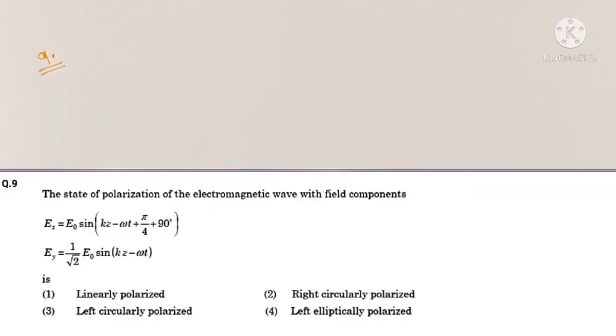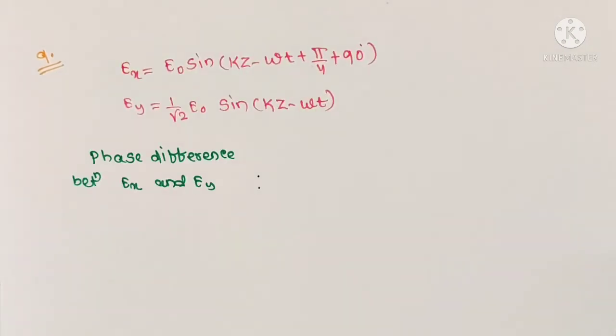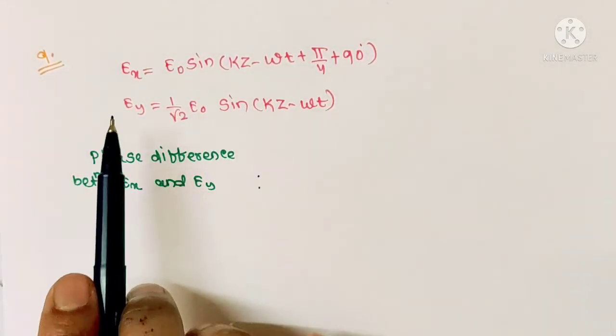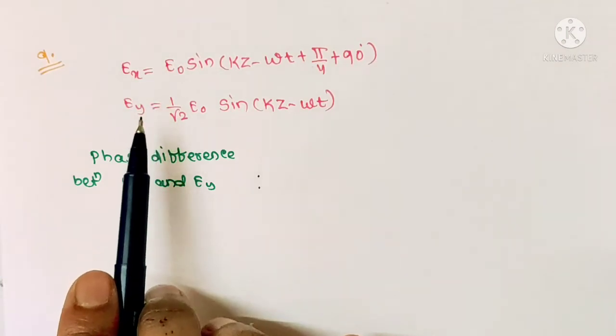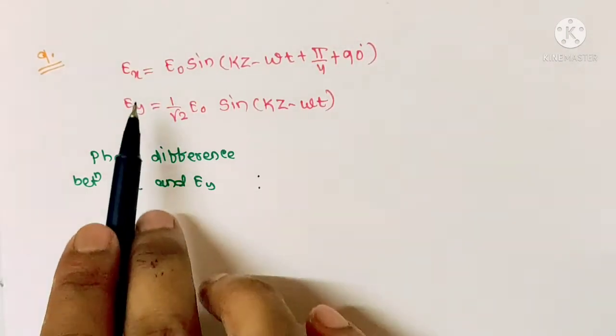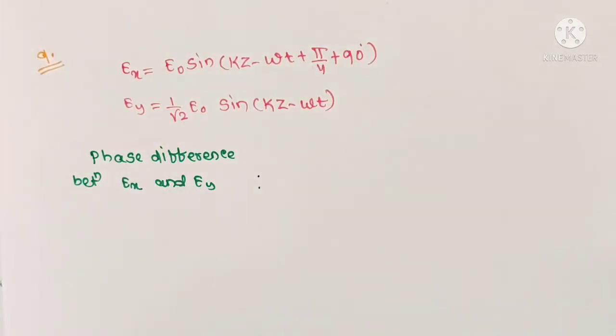Question number 9. The state of polarization of the electromagnetic wave with field components. So we have to find the state of polarization of the wave. The two components of the electromagnetic wave are given. We know by checking the phase difference between Ex and Ey, we can state the polarization state of the electromagnetic wave.